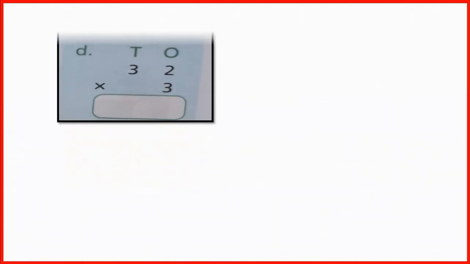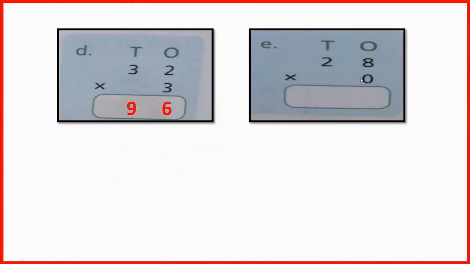The next is 32 multiplied by 3. Start with ones. 3 2s are 6. Now tens. 3 3s are 9. So the answer is 96. Next one is 28 multiplied by 0.